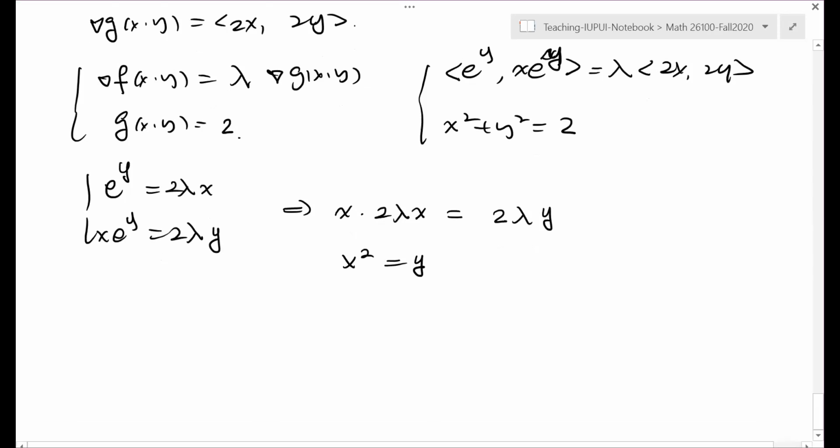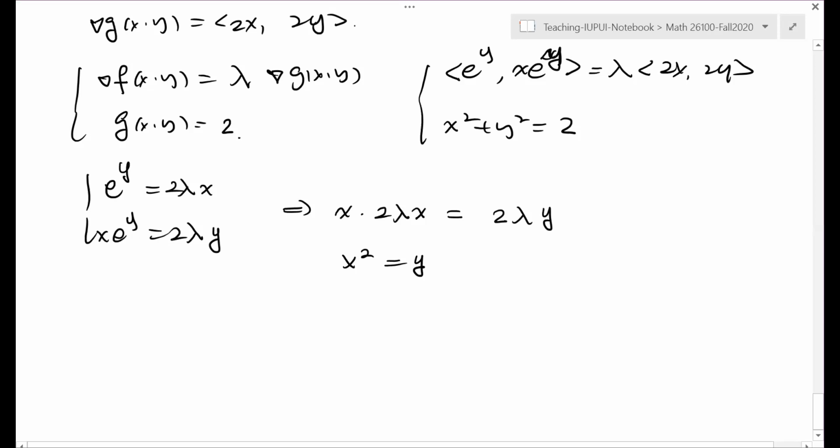So x squared is going to be y, and I'm not sure we're able to solve this. Did I copy the wrong one? Let me double check. Yes, it's correct. All right, so we tried to solve for x in terms of lambda, and y in terms of lambda, but sometimes it's not easy to solve.